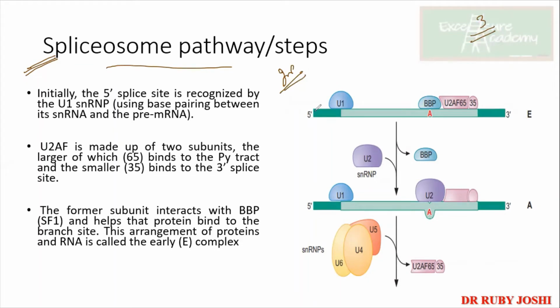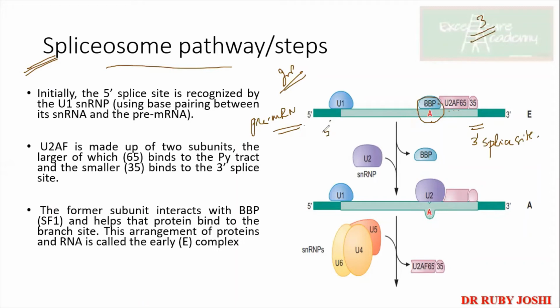Okay. So first we have the mRNA, which is known as pre-mRNA. Now as I mentioned, U2AF will go and bind to the 3' splice site, correct? And BBP, that is your branch point binding protein, will come over here where your A is.